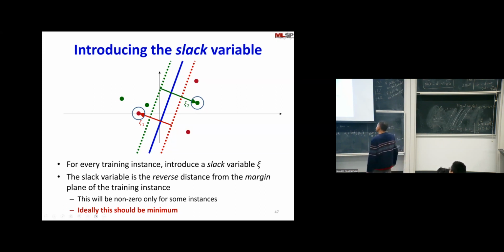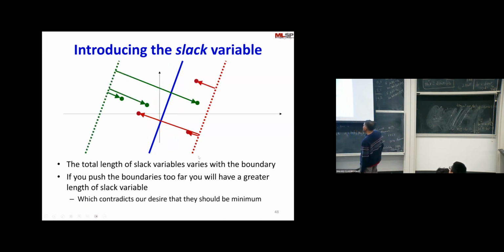And so we're going to explicitly minimize these distances. The way we will do it is try to find the boundary plane such that the total length of the slack variables is minimized. If my boundary plane is out over here, all of my red points are on the wrong side. Similarly, all of the green points are on the wrong side, right?